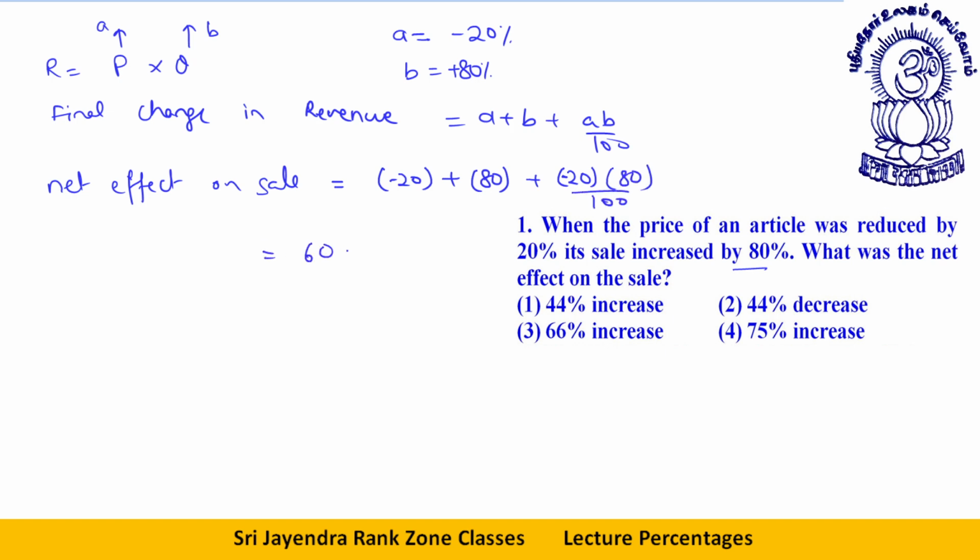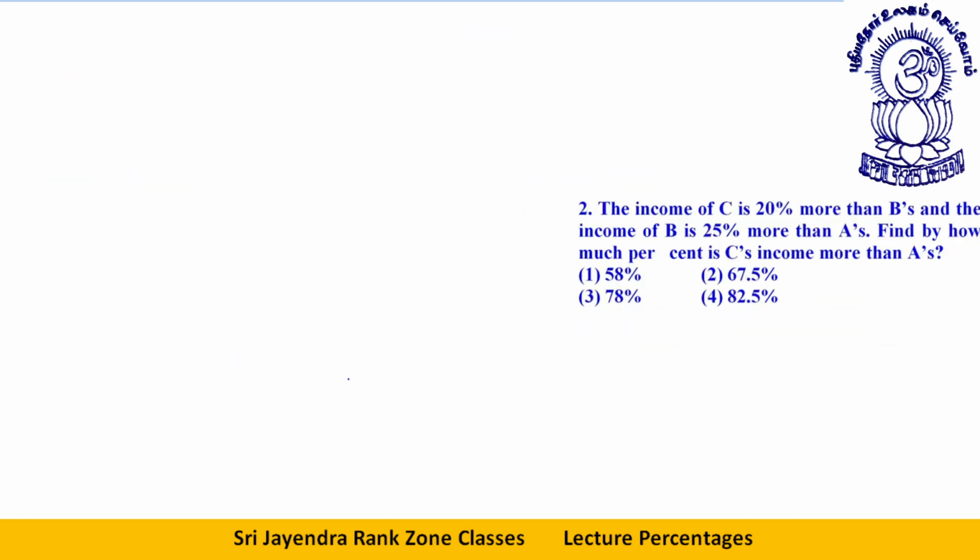That will be 60. 0 and 0 cancel, 0 and 0 cancel, 60 and minus 16%, that is positive 44%. So I can say 44% increase. Clear, dear students? Okay, let's take one more example of this type.